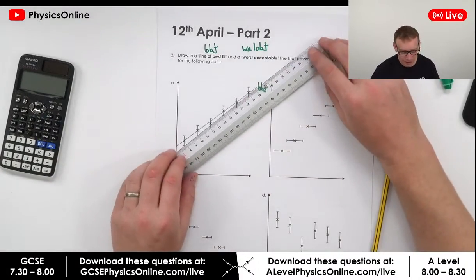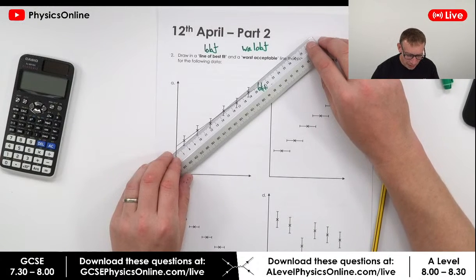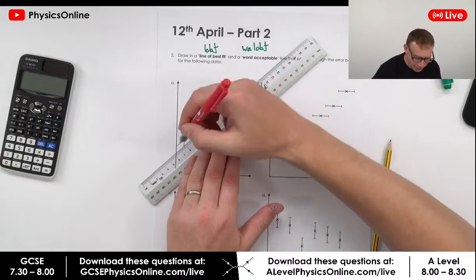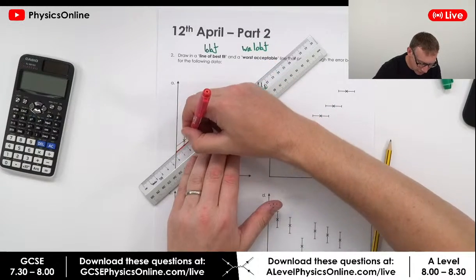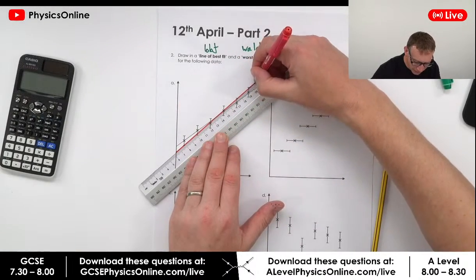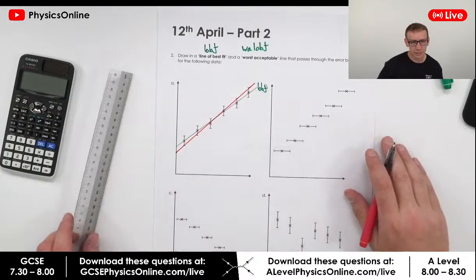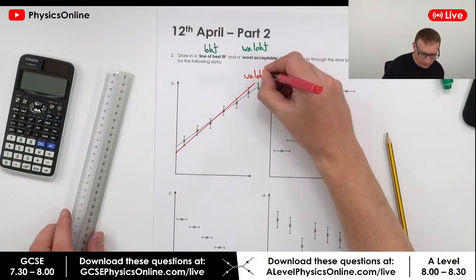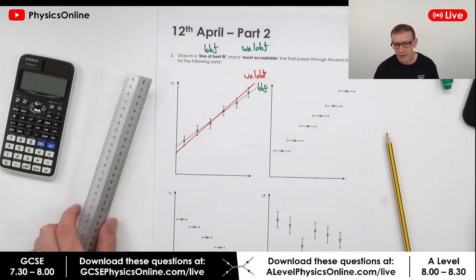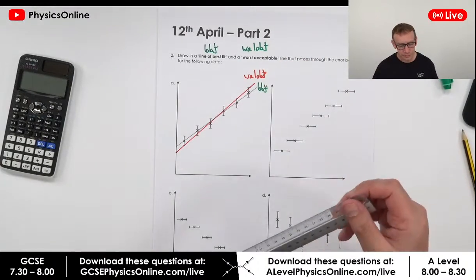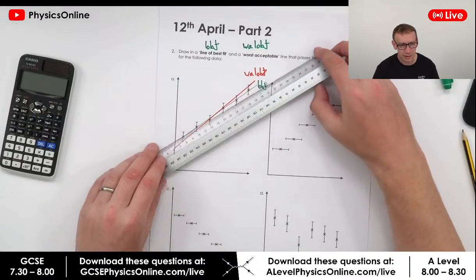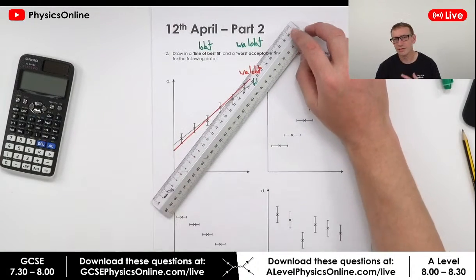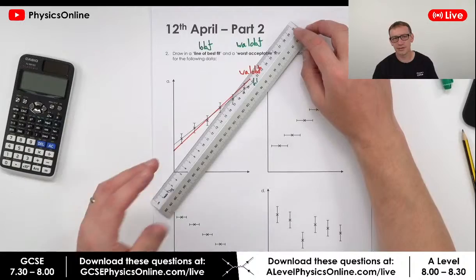So what we need to do is line up the ruler. I'm going to do this one in red. I should probably use a pencil, but the red should hopefully make it clear. So that line in red is going to be my worst acceptable line of best fit. It doesn't matter if you go steeper or shallower.